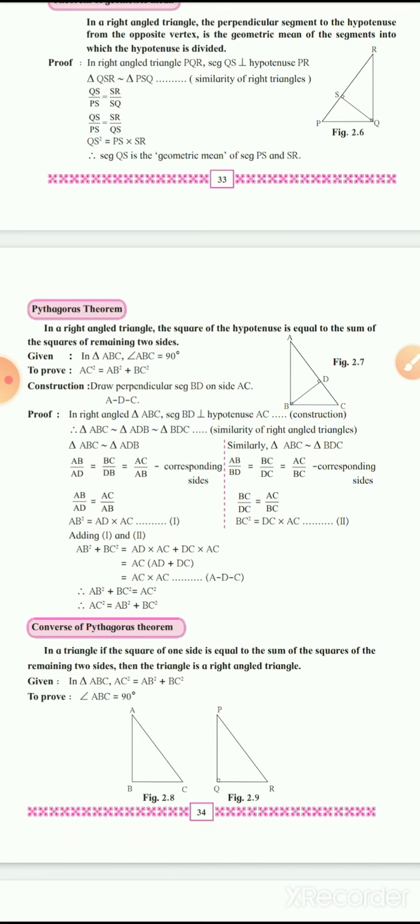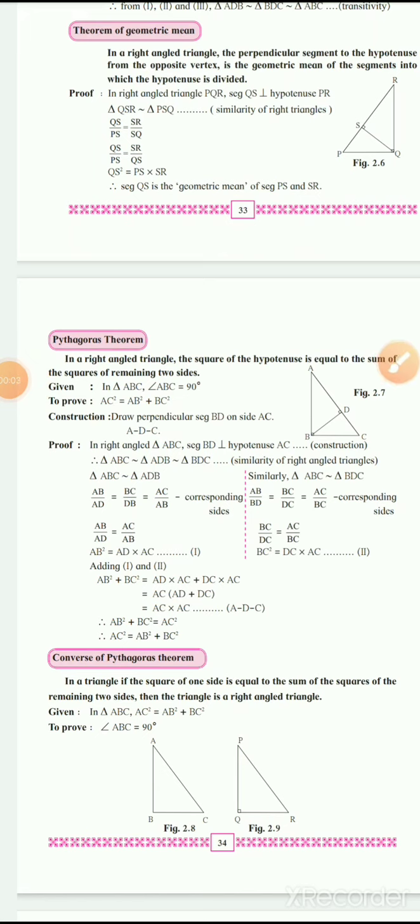The reason is construction. So with the help of the theorem on similarity of right angled triangles, both the triangles are similar to the original triangle and also to each other.